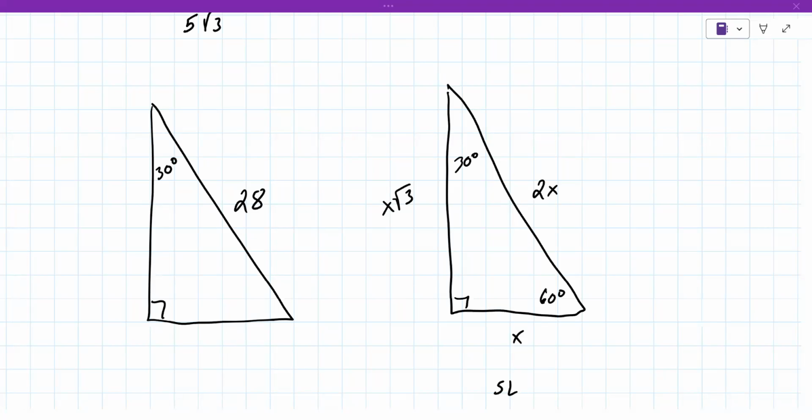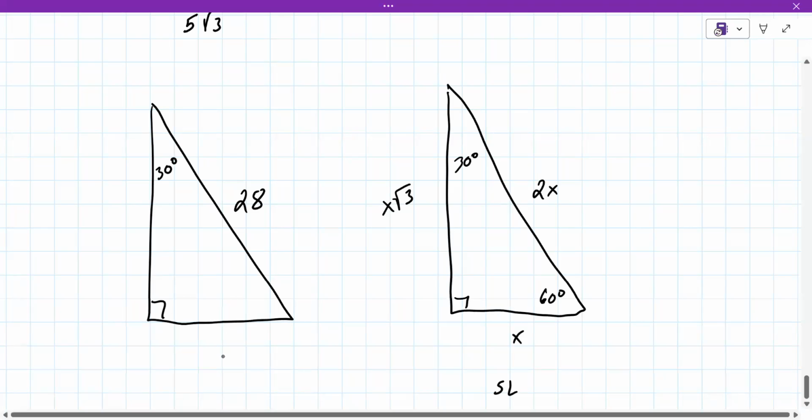I mean, 28 square root of 3 for that one, obviously, and then no, I'm sorry. Let me see. Give me this one down here. What does it become if the hypotenuse is 28?